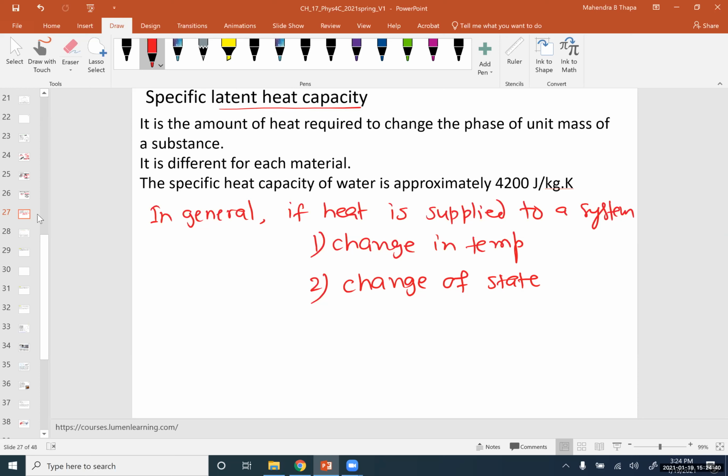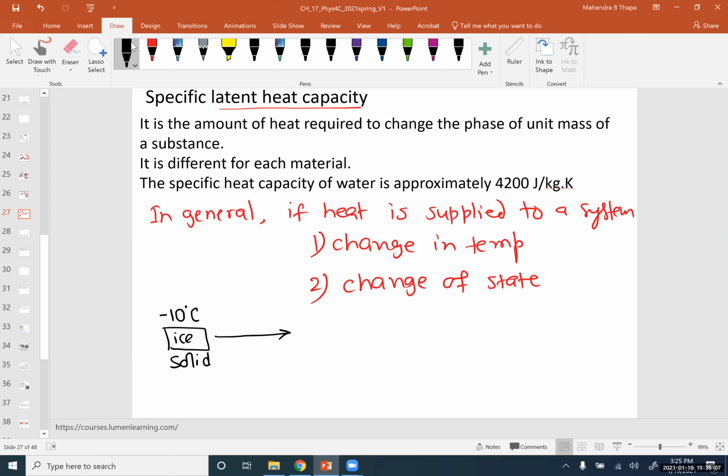Okay, so let's start with one example. Say I have ice at minus 10 degrees Celsius. This is the solid state. If I heat, what will happen?